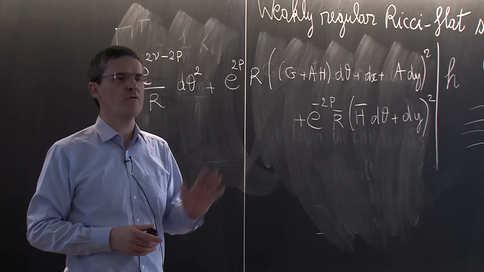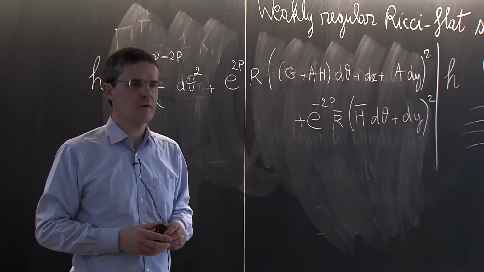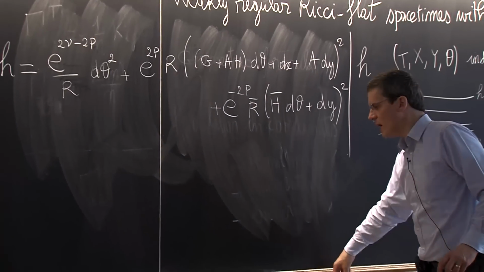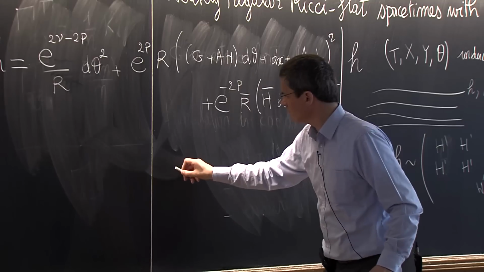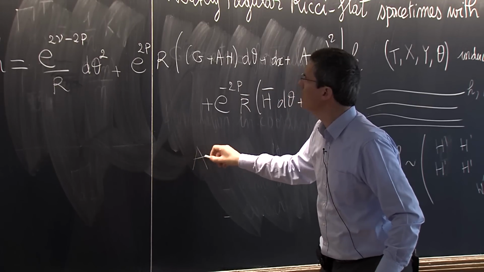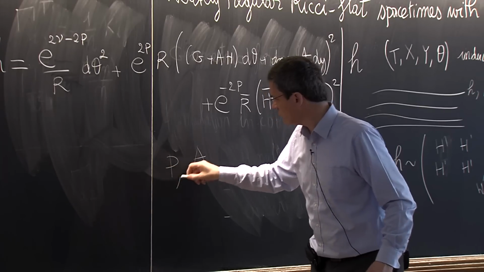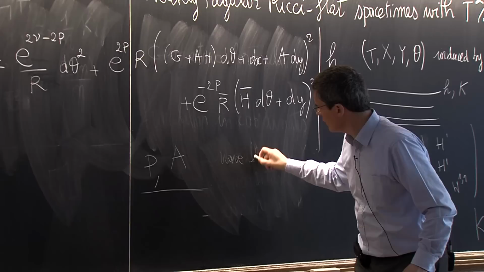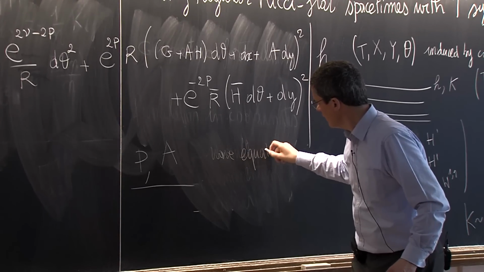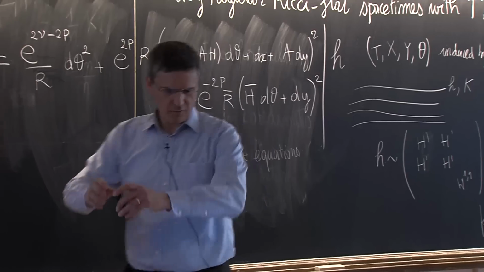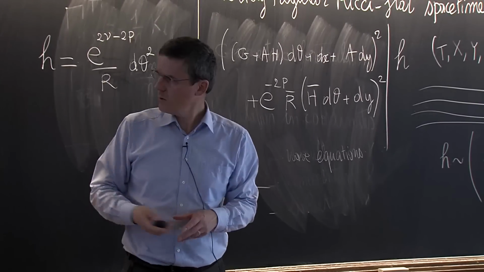They will satisfy very simple equations. So the main evolution equations will be given by the evolution of A and P. On those, we will get wave equations. And that's what we will be doing here.